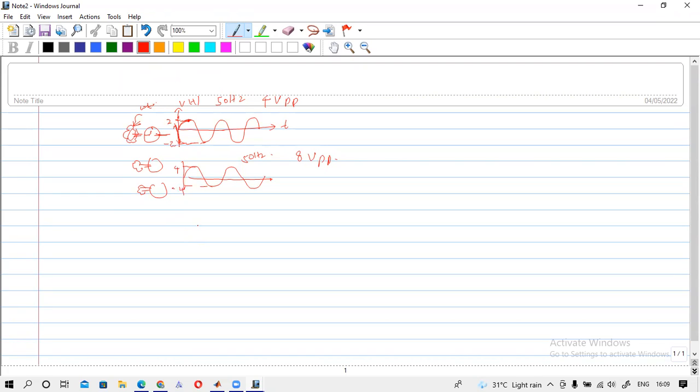The third turbine will generate another sinusoidal wave, also 50 hertz. Let's say it is 5 volt peak to peak, that means this one is 2.5 and the lower peak is minus 2.5. So these are the three voltage signals.